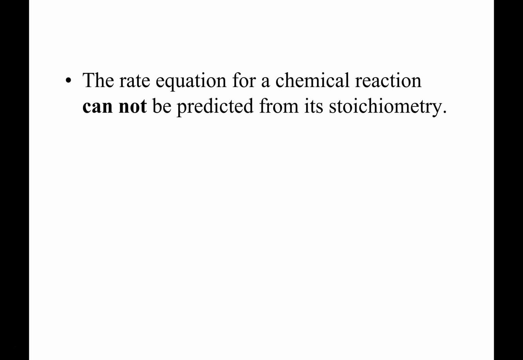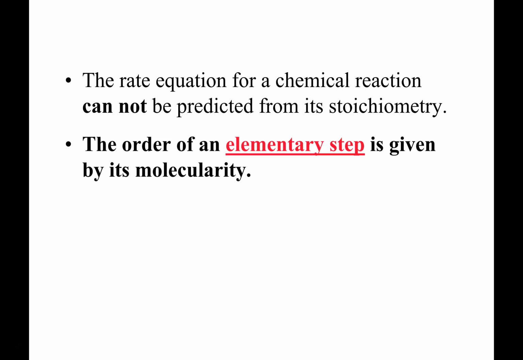Now, let's see what else I got. The reaction order of an elementary step, the superscript, actually does come from its molecularity. Another way to say it is, its molecularity is its stoichiometric coefficient.